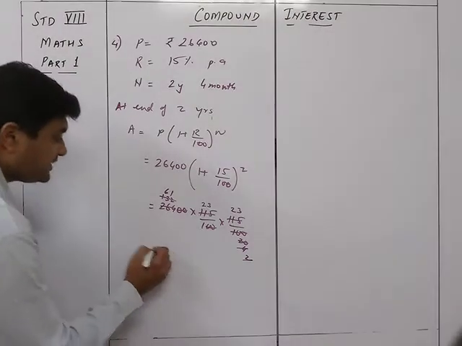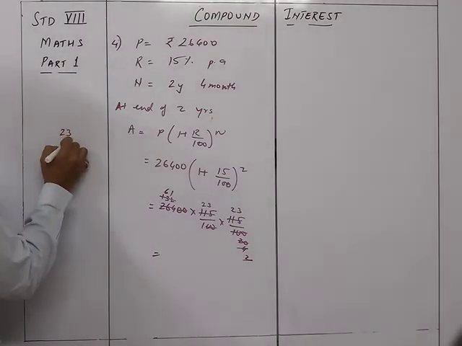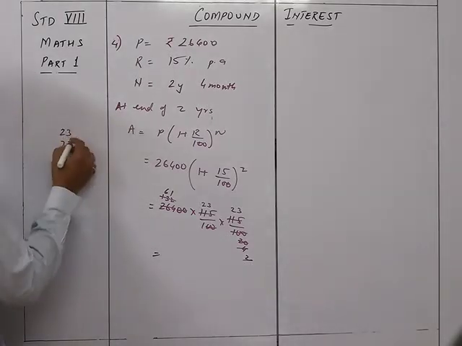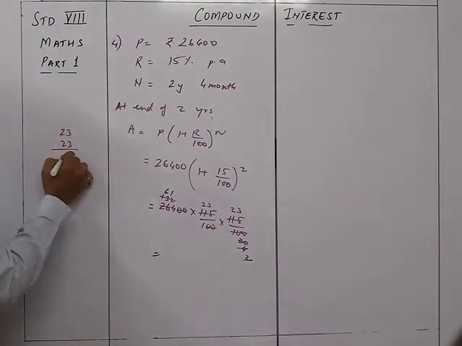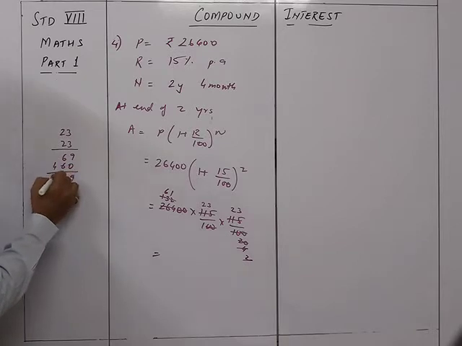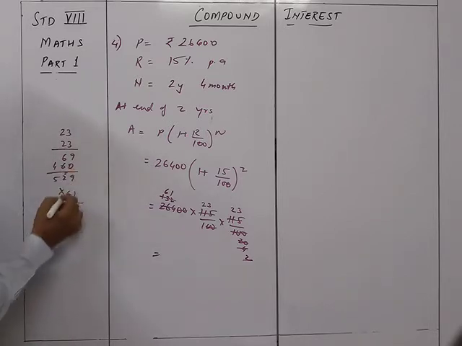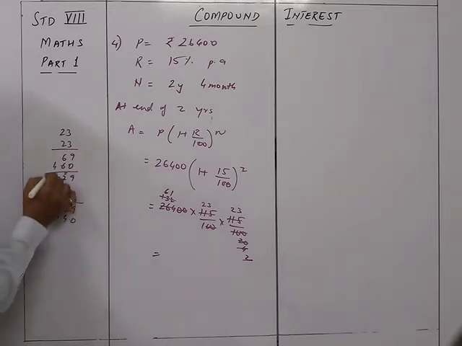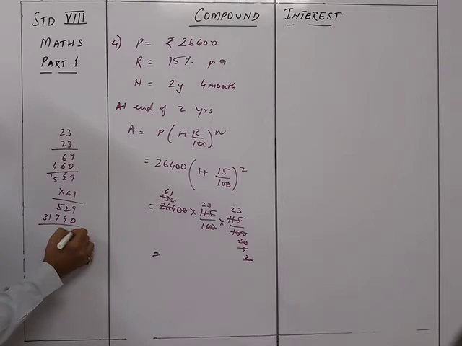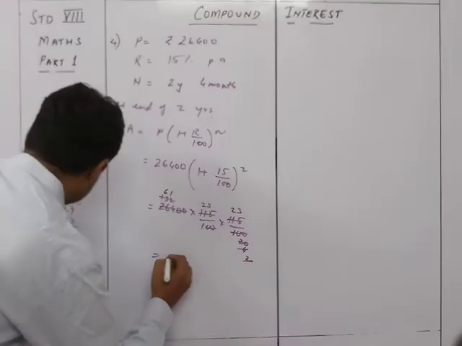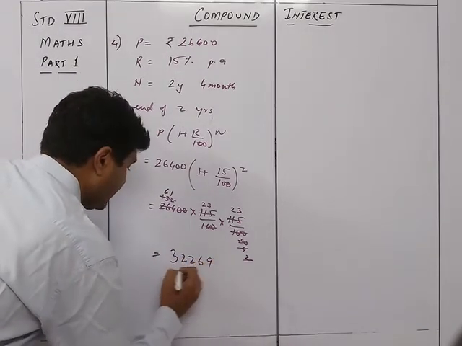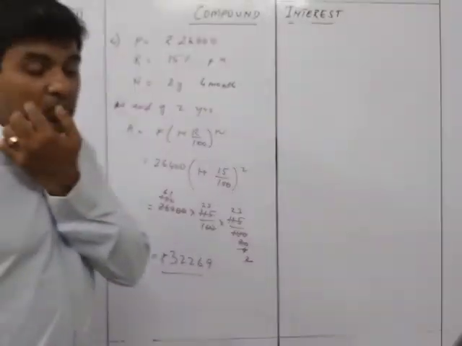So it will be equal to 61 into 23 into 23. 23 into 23 is 529. Then 61 into 529 gives 32269 for 2 years.